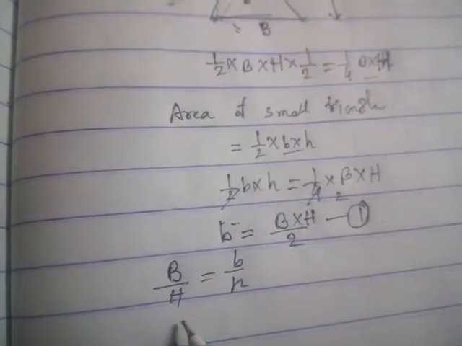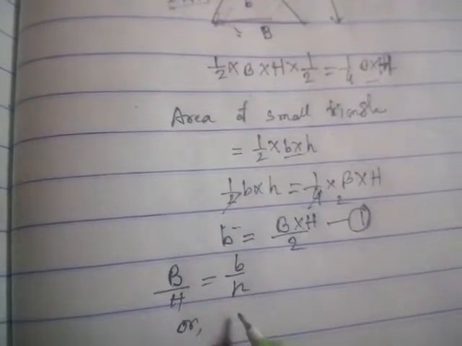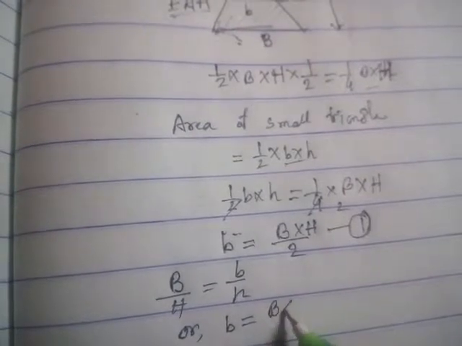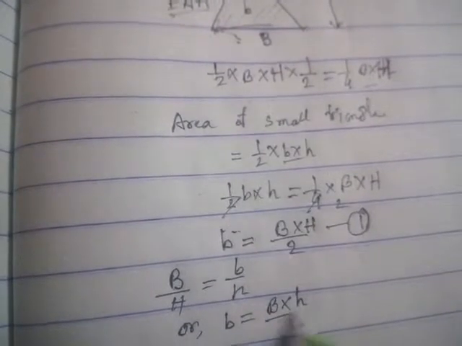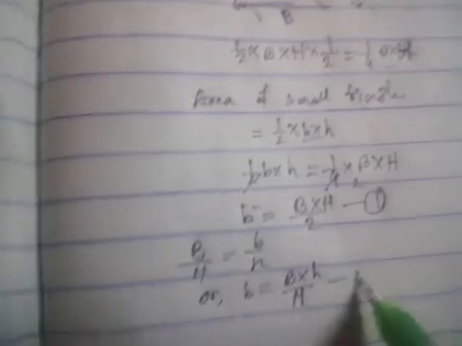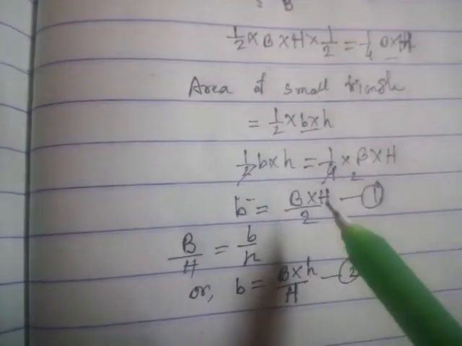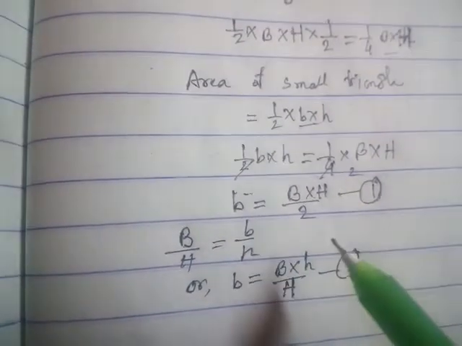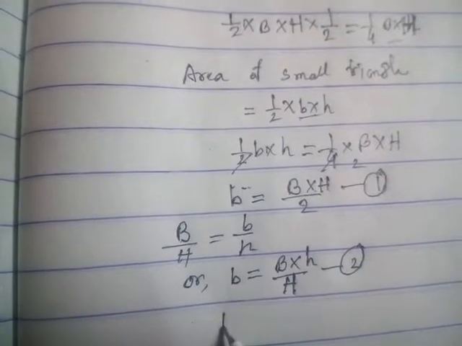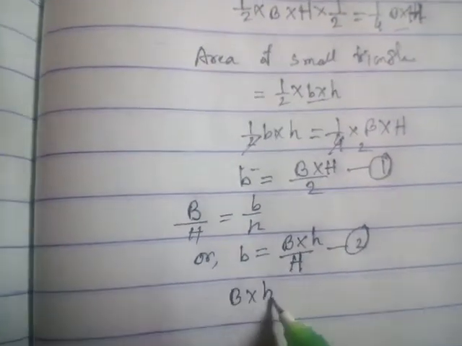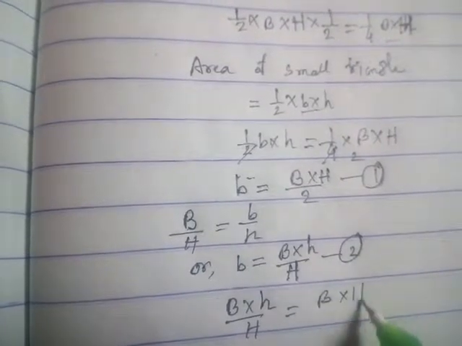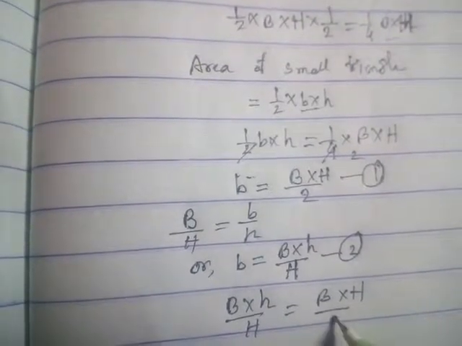So here we can write b equals capital B into h by capital H. This is equation number 2. Now if we equate these two, we will find the value will be B into h by H equals B into H by 2h.